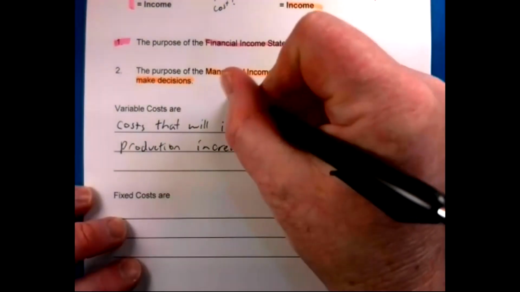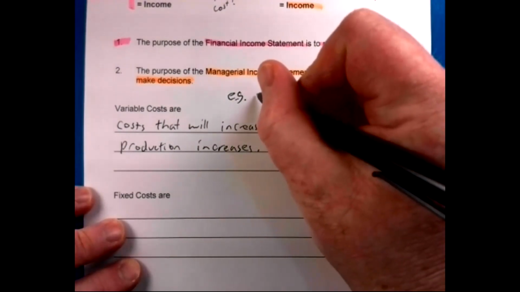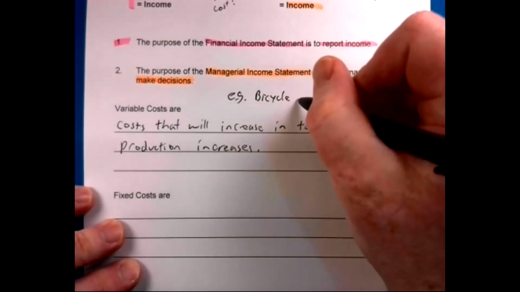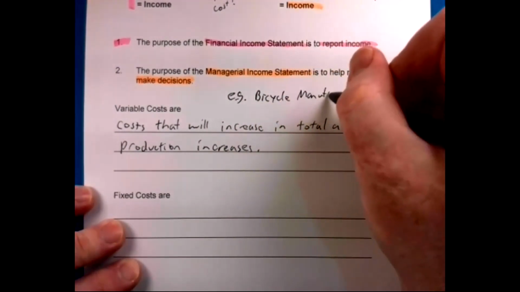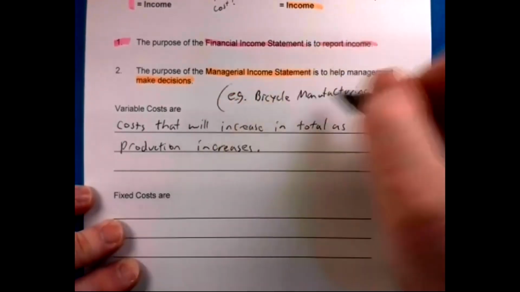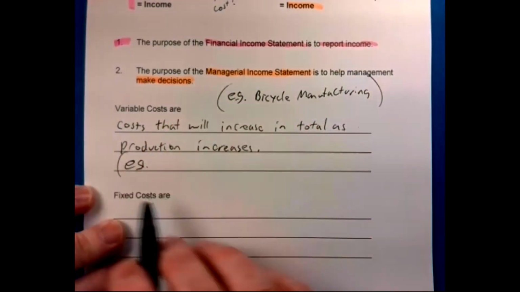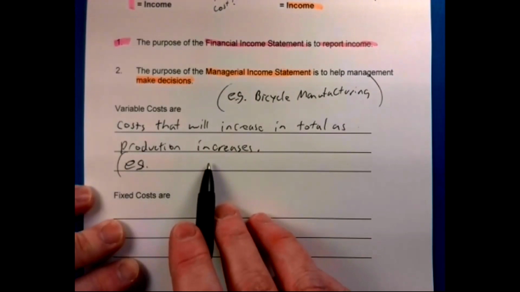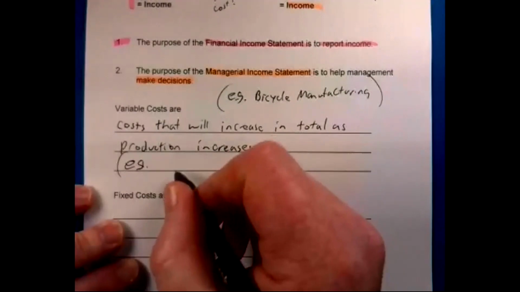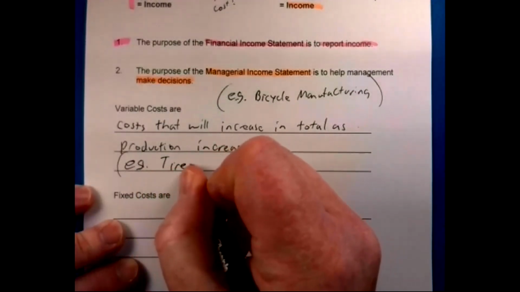So let's take an example: bicycle manufacturing. If you make one bicycle, you need 2 tires. You make 2 bicycles, you need 4 tires and all that kind of stuff. So tires would be variable.